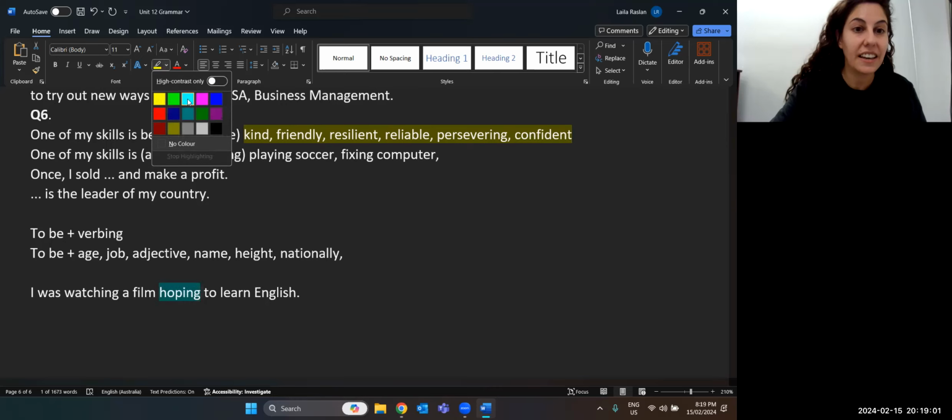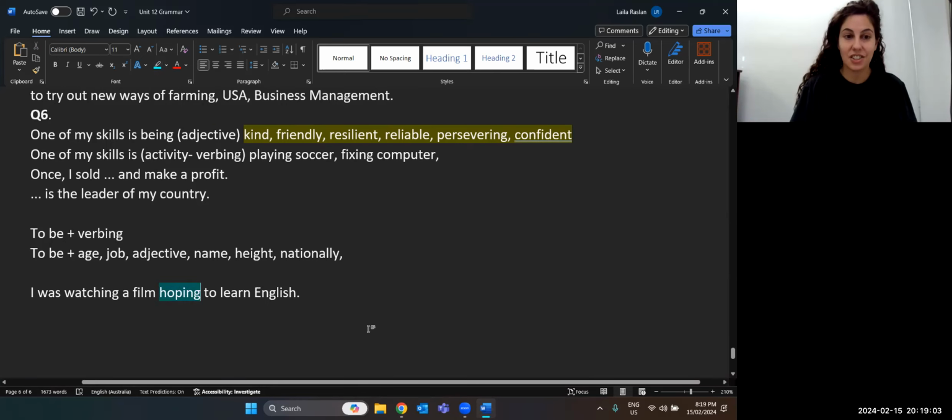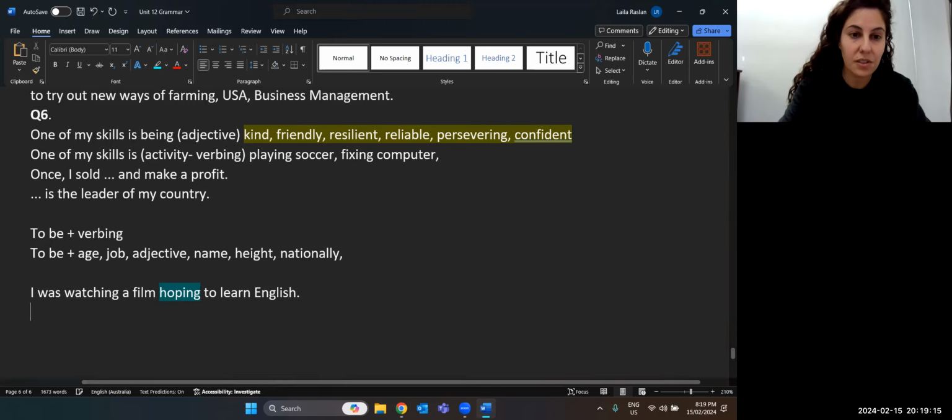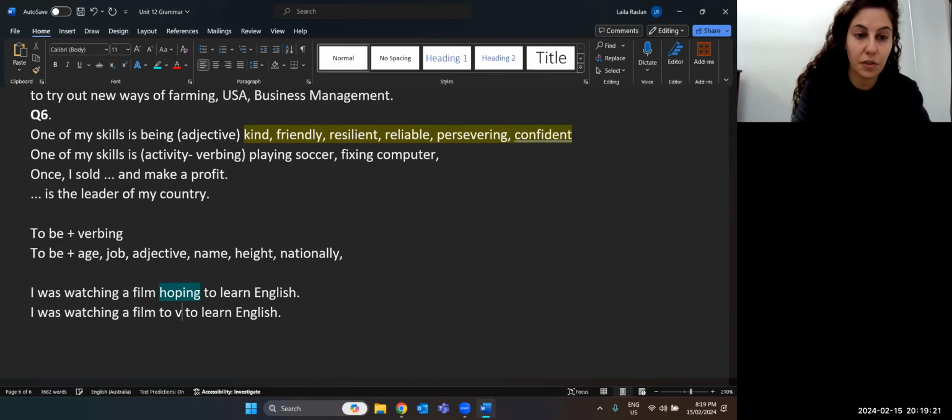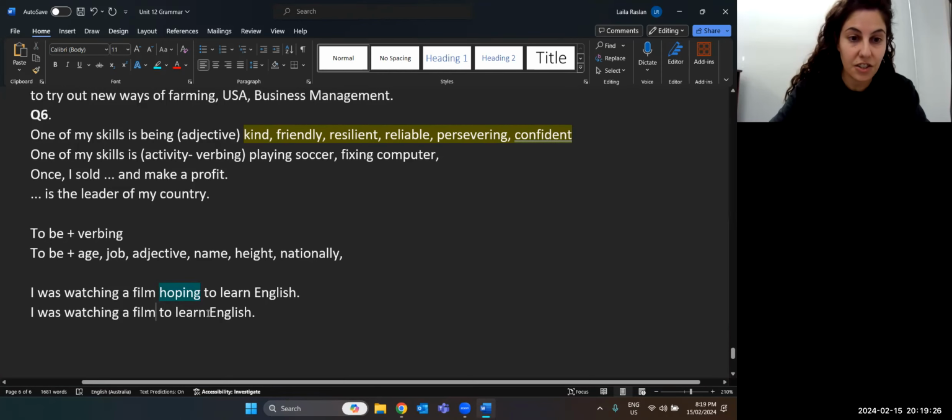Now, this is actually not the main action. What's the main action? This one: I was watching a film. So because it's in the middle of the sentence, it needs to be the -ing. But you could also do it with to verb. I was watching a film to learn English.